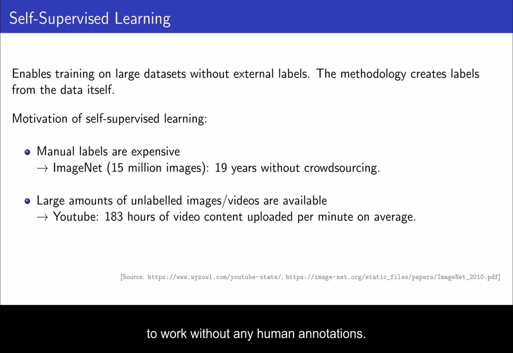So another motivation here is the availability of a large number of unlabeled data, such as videos on the internet. For example, there are about 183 hours of content uploaded to YouTube every minute in 2022.